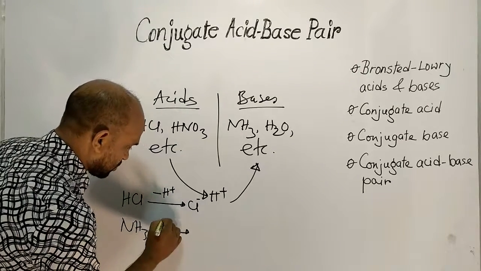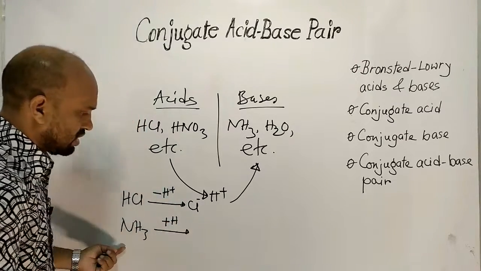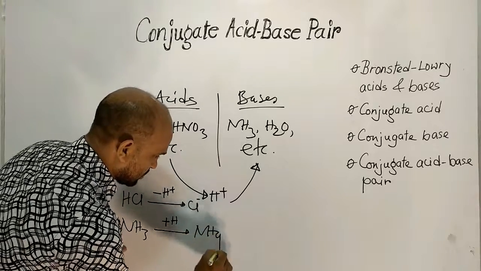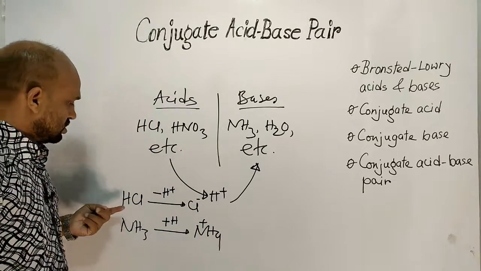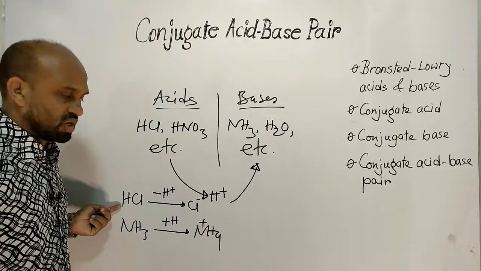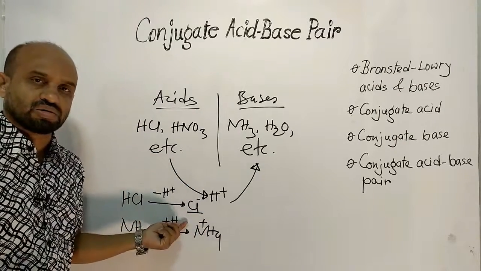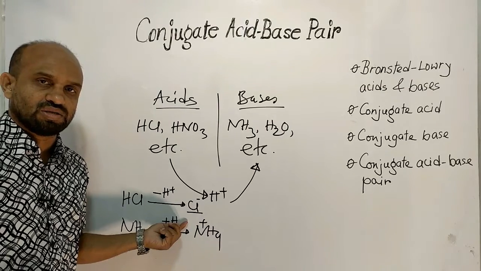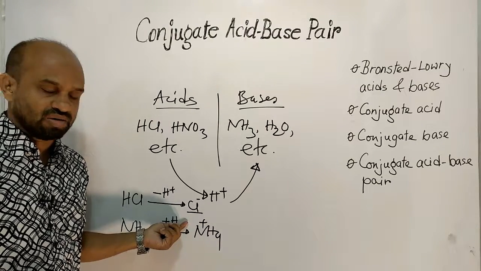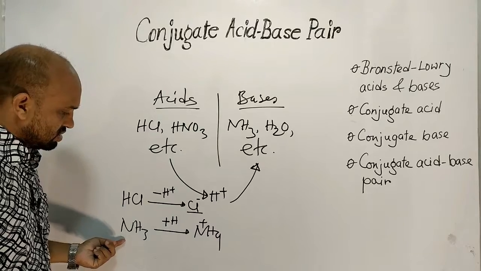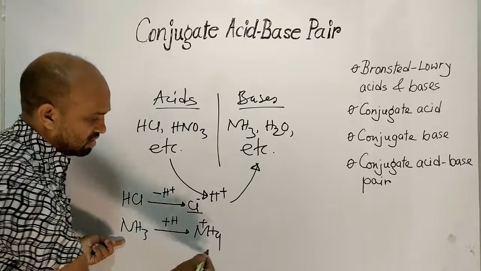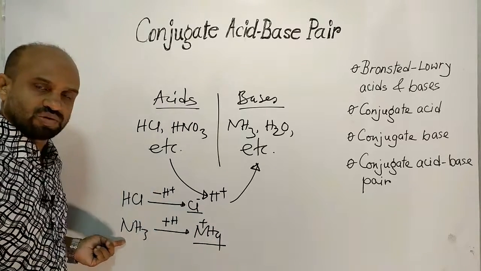It accepts proton and ammonium ion is formed. So from Bronsted-Lowry acid, this anion is formed. In case of hydrochloric acid, the anion is chloride ion, and for ammonia, ammonium ion is formed.